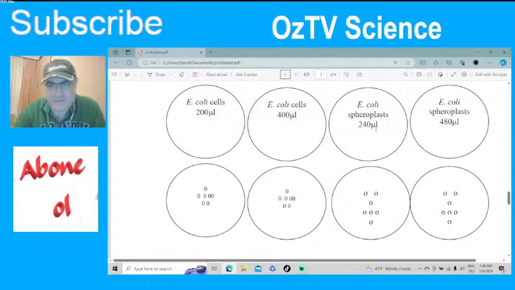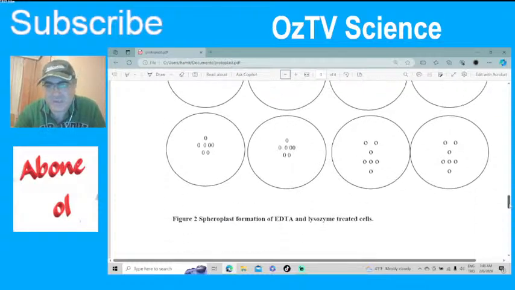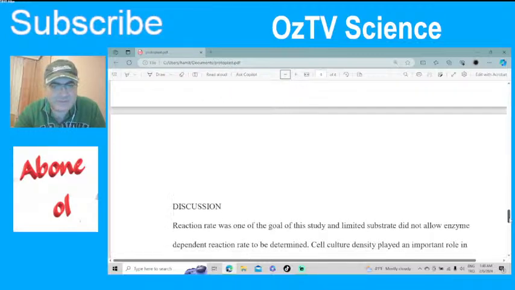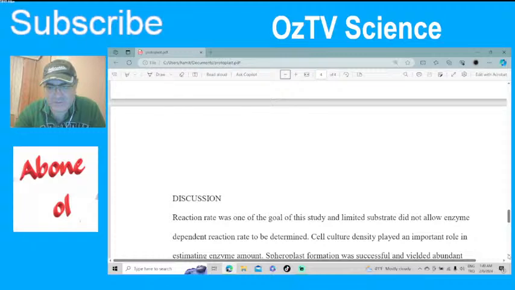These are round because now they don't have the cell wall, the peptidoglycan structure. It's just cell membrane. Spheroplast formation of EDTA and lysozyme treated cells. So that is the end of the experiment.